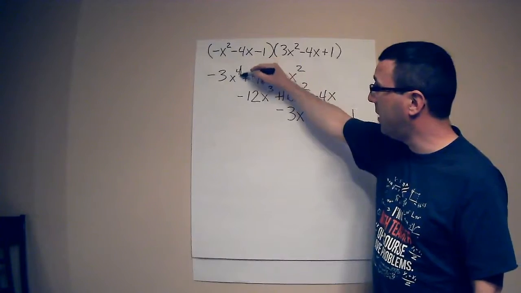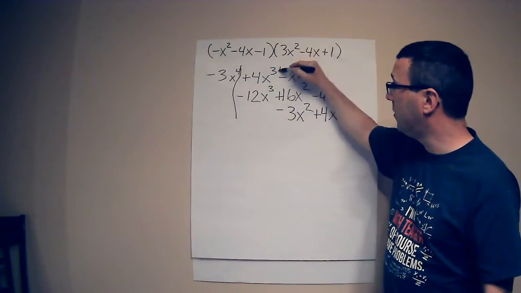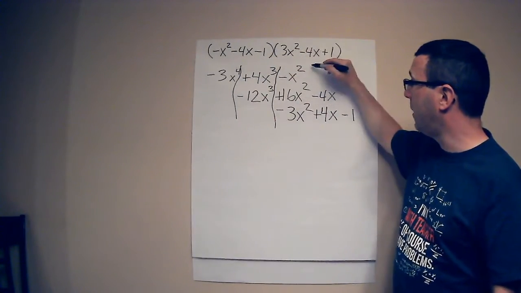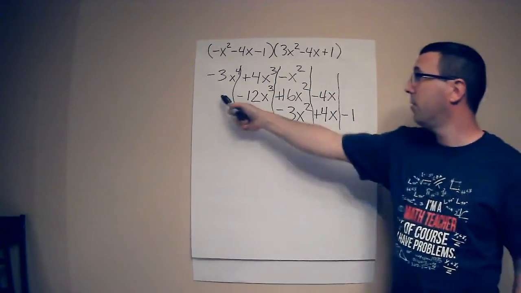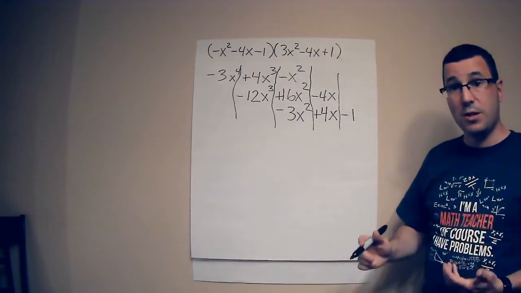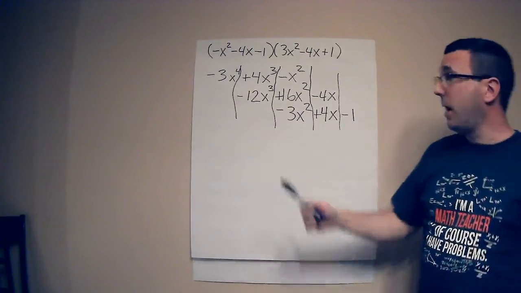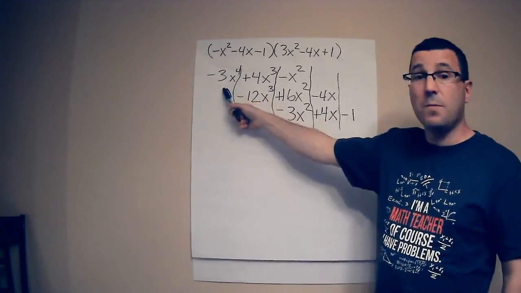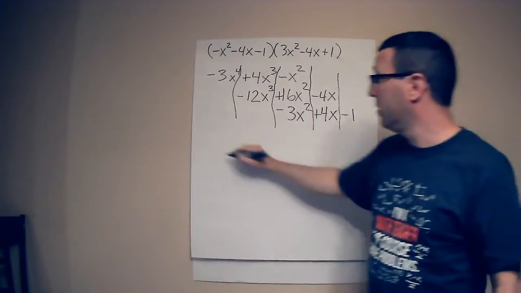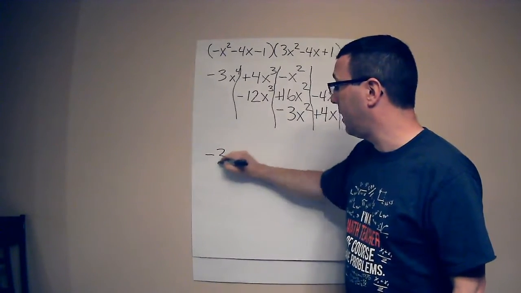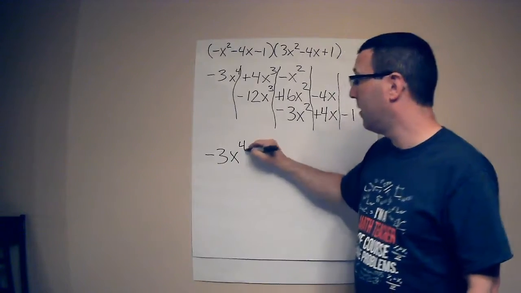So now I have my 5 columns. I'm going to look at each one and say, what am I combining? When I look at this first column, I only have one thing, that negative 3x to the fourth. So I'm going to bring that down, negative 3x to the fourth.